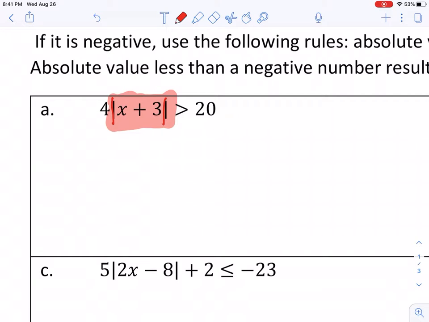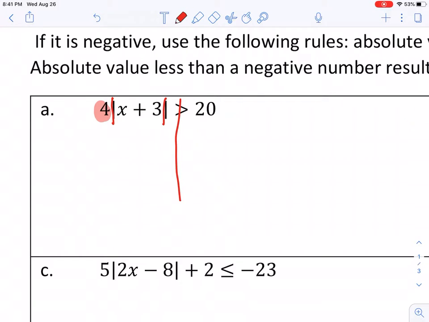The problem is if we have something sitting outside of the absolute value bars, like this 4, we have to get rid of anything that is sitting outside of an absolute value by solving for it the way we would in an equation.